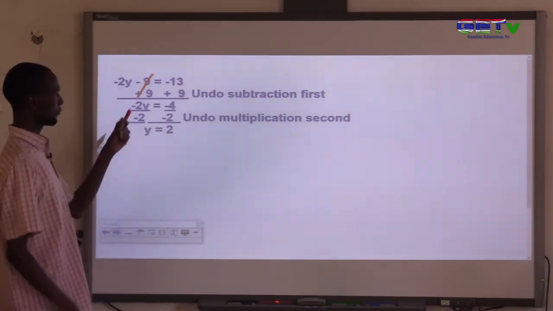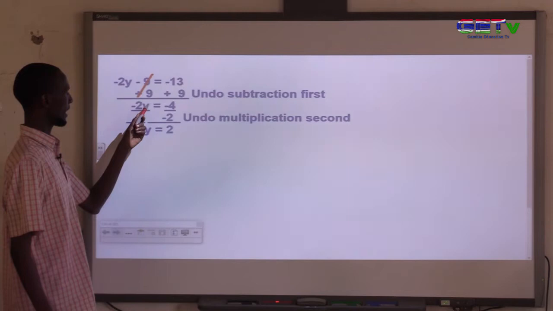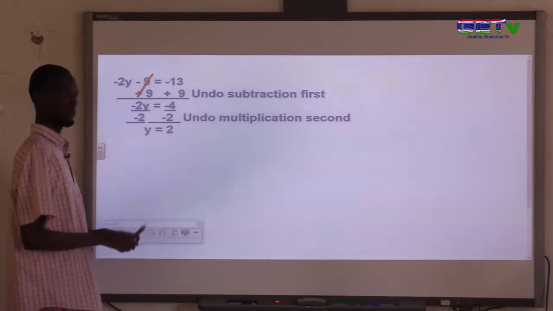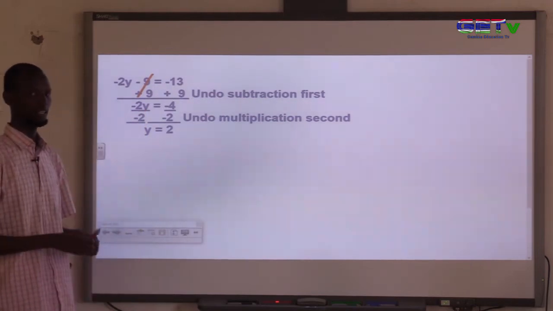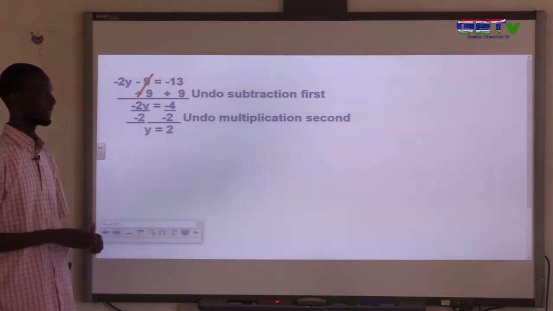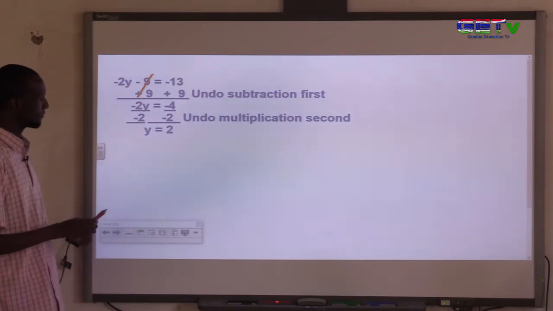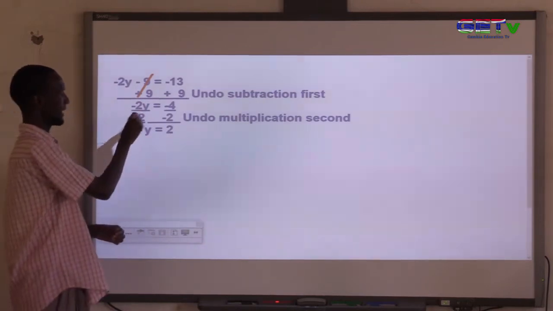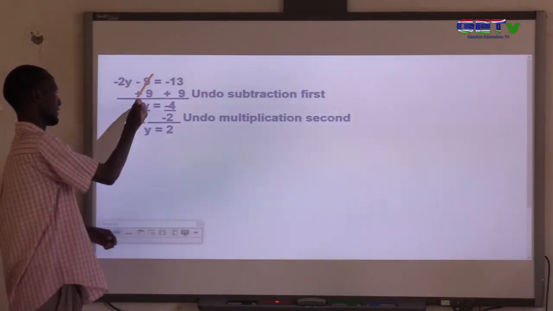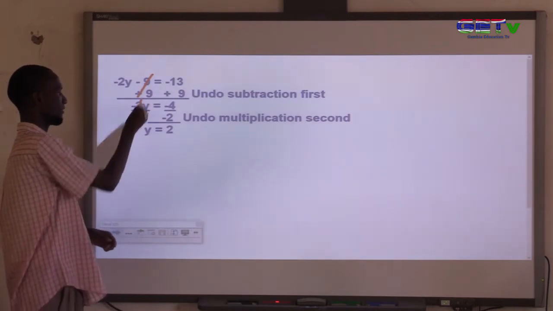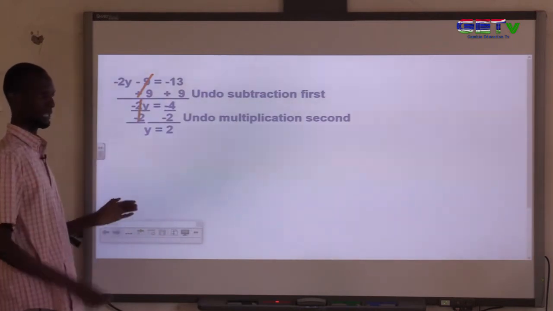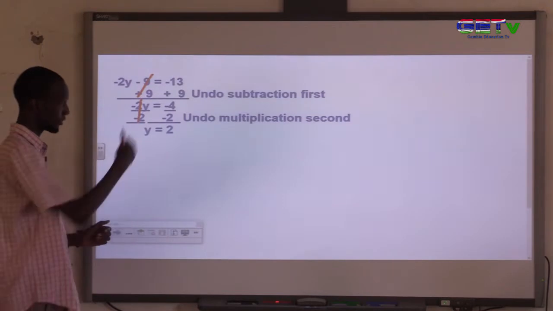Still, between negative 2 and y, we know that there's a multiplication there. And to undo a multiplication, you divide. So therefore, we divide here by the negative 2, so that negative 2 will cancel negative 2 out, and then the y will be alone. But whatever we do to one side, we must do to the other side.